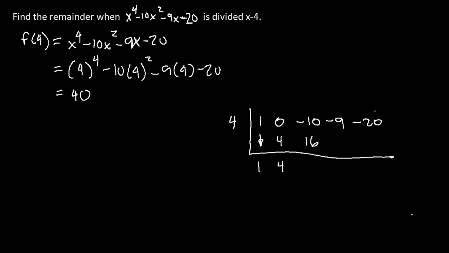And negative 10 plus 16 is positive 6. 6 times 4 is 24. Negative 9 plus 24 is 15. 15 times 4 is 60. And negative 20 plus 60 is 40. Now notice that our remainder is the same. And that will be the remainder theorem.